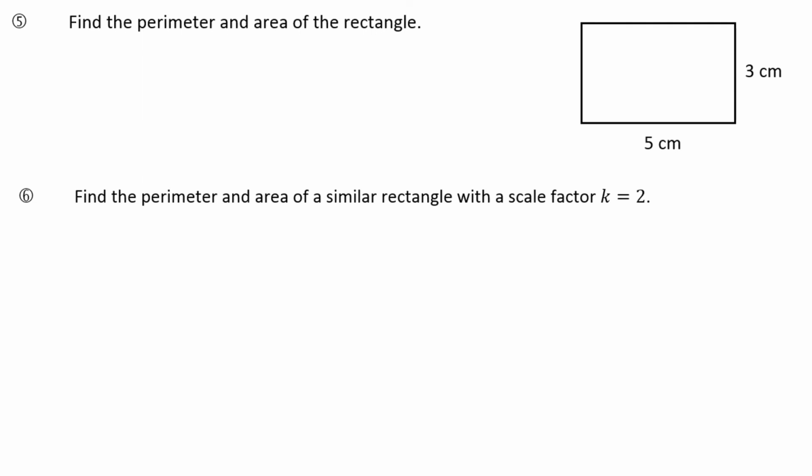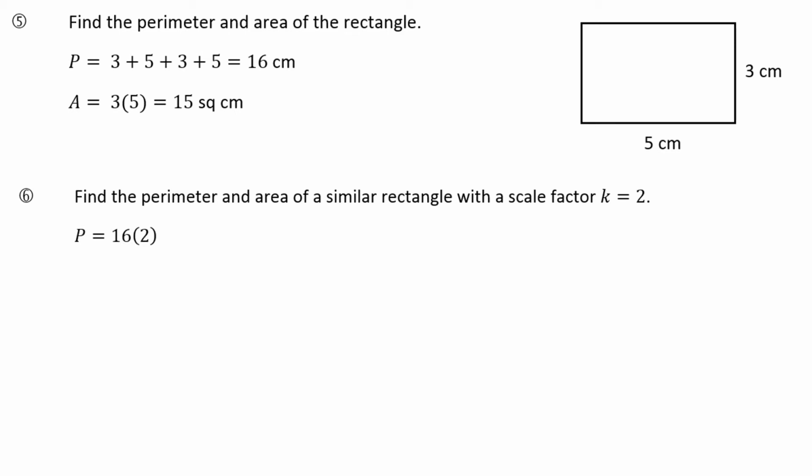Perimeter of the rectangle, that's easy. The rectangle has 4 sides. I add the 4 sides up. Come up with 16 centimeters. Area, rectangles are easy, length times width. And so I come up with 15 square centimeters. Oh, a similar rectangle with a scale factor of 2. K equals 2.